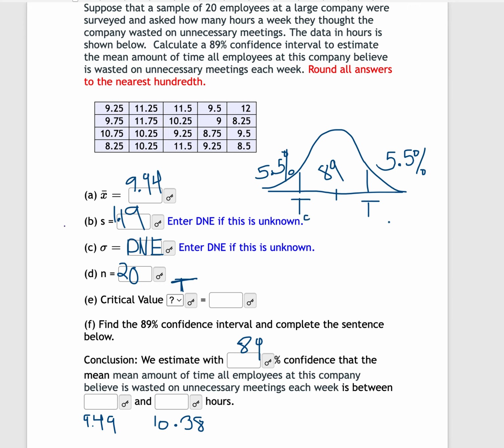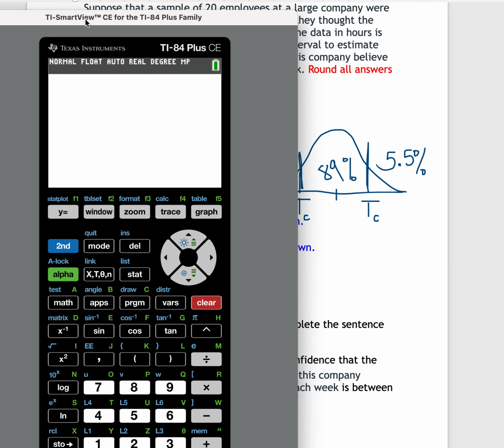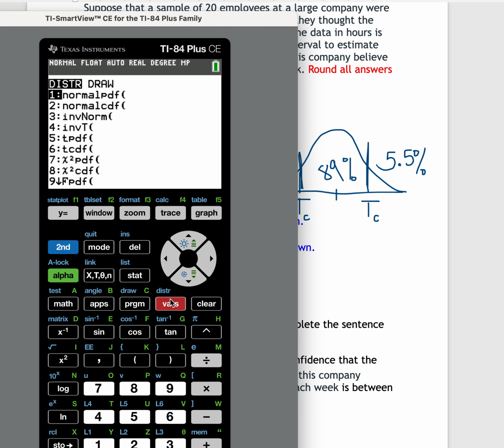So our t critical, we need to find that cutoff point, so we have 89% in the middle. To find t critical, we're going to go under where the inverse norm is, second vars, and instead of choosing inverse norm, we're going to use inverse t because we're using the t distribution.